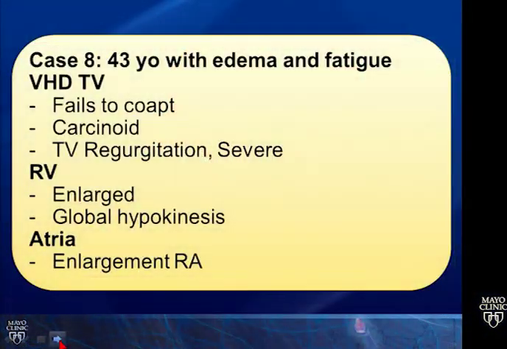This is classic for carcinoid, and of course, with that complete malcoaptation, even though we weren't giving any quantification, we weren't giving any PISAs, when you really have failure to coapt and we have one single chamber between the right ventricle and the right atrium, that's overwhelming evidence that you have severe tricuspid regurgitation in that setting. The right ventricle was enlarged, and there was global hypokinesis of the right ventricle under the RV tab, and then under your atrial tab, you would choose right atrial enlargement.